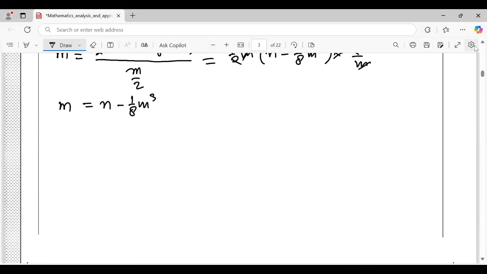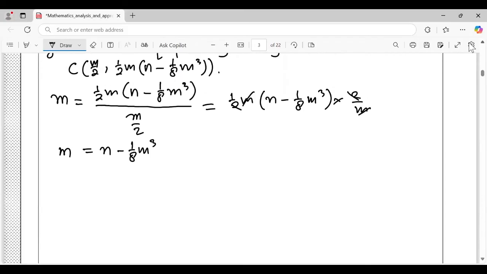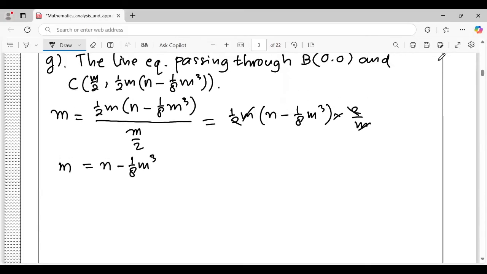Next, I'm going to find the straight line through the rule y minus y1 equals m times x minus x1.